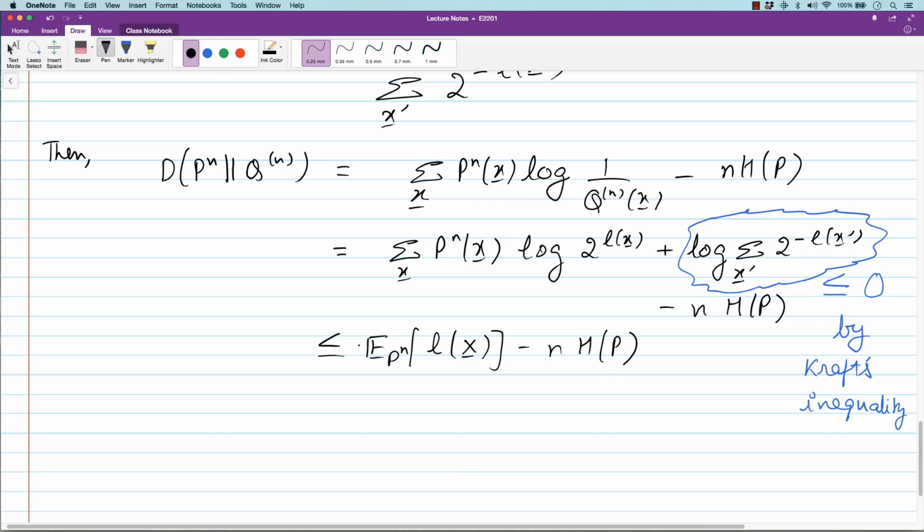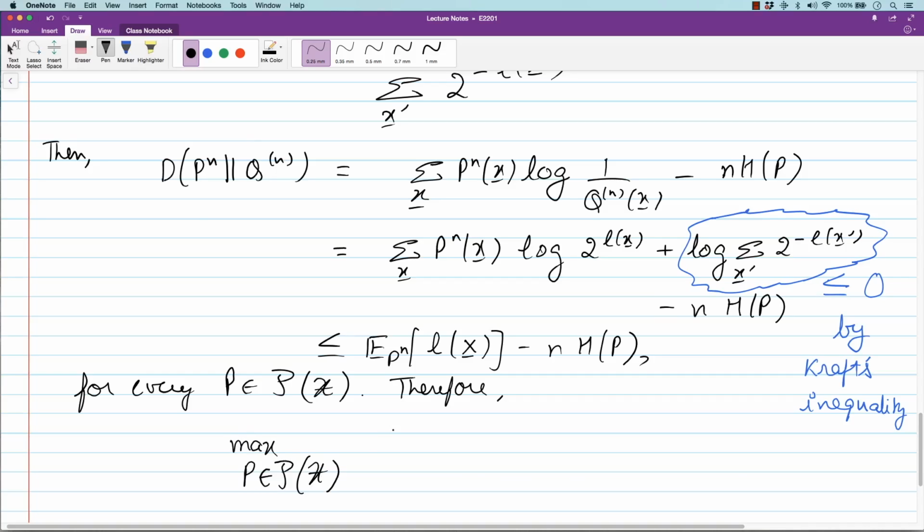So this is less than or equal to this. And this is true for every distribution P on X. Therefore, if you take the worst distribution, the worst in the sense that maximizes this, that's still less than or equal to the max over the worst distribution on the right side.